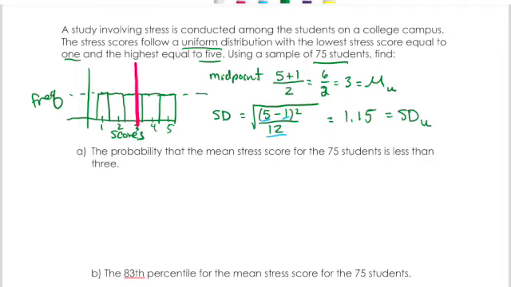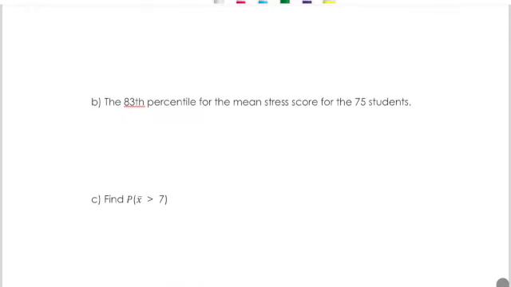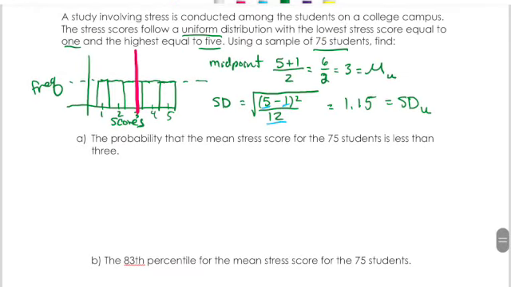Okay, so we're going to use this information to answer parts A, B, C, and I think there's a D also, yep. Okay, so in part A, it says the probability that the mean stress score for the 75 students is less than 3. So we're looking for this. Since we're using the sampling distribution, we're looking at the means of all the samples, and we want to see what's the probability that the mean is going to be less than 3.